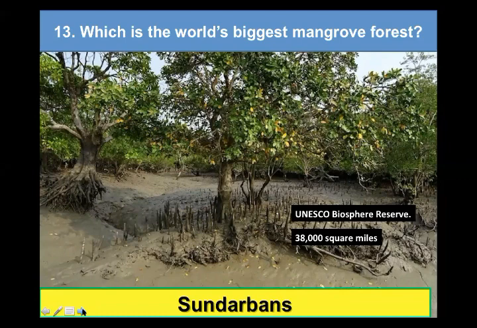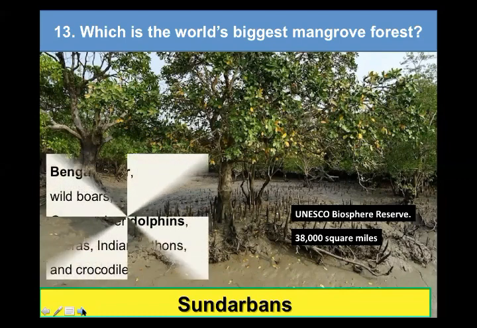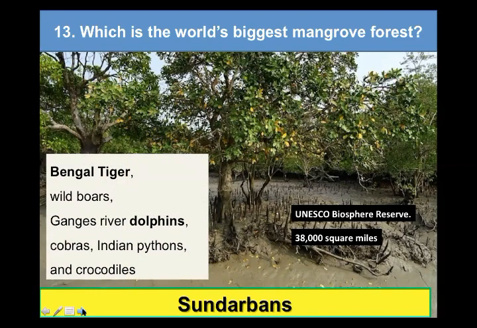It also possesses very unique fauna, the Bengal tiger and the Gangetic river dolphins, where the Ganga, Brahmaputra, and Padma rivers of Bangladesh confluence and drain into the Bay of Bengal, carrying and sustaining the natural distribution of the Gangetic river dolphins. You'll also find king cobras, Indian pythons and marshy crocodiles, a unique species of crocodiles in the Sundarbans.